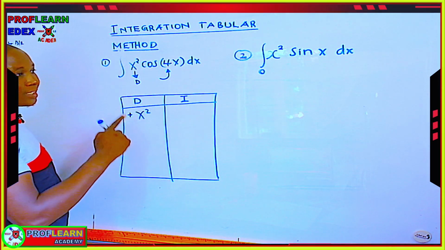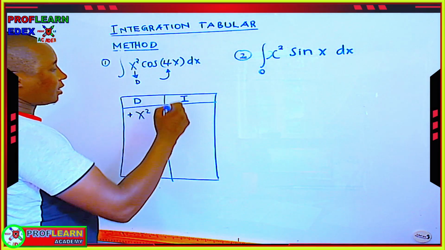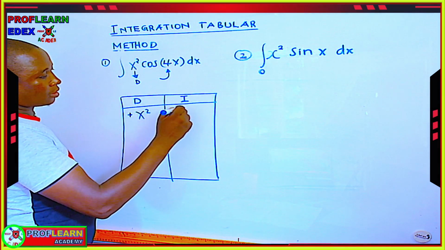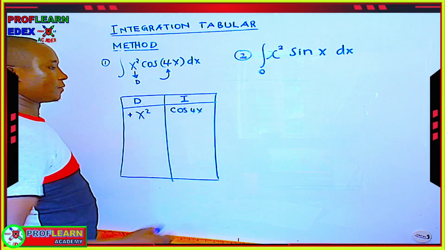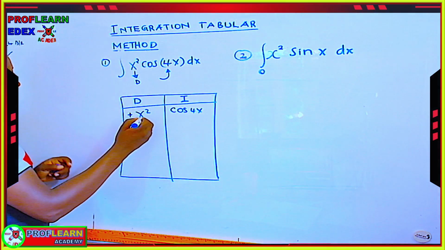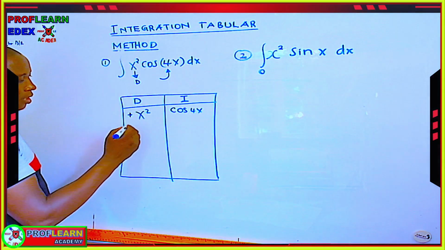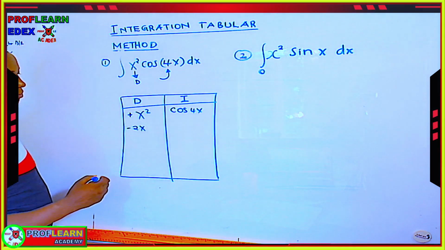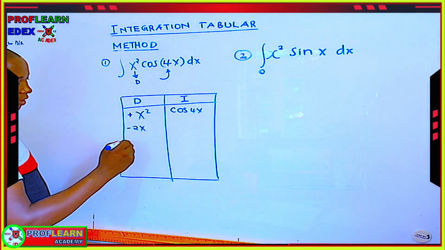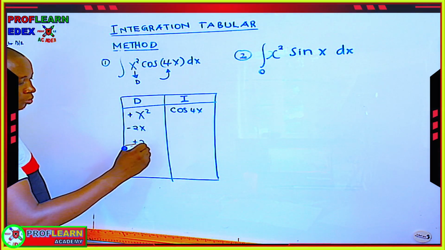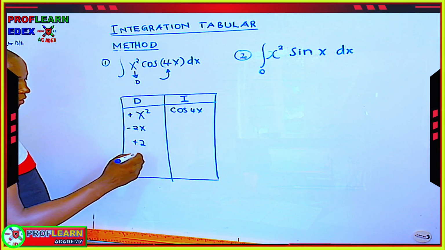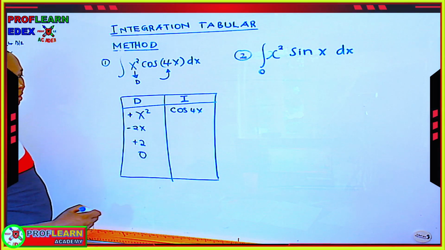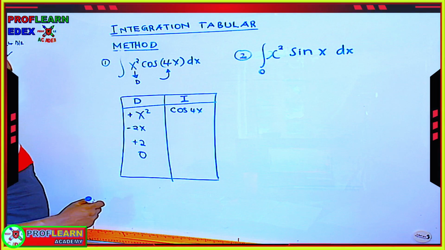We shall also be alternating the signs, and here we shall begin with cos 4x. Now, if you find the derivative of this, we are going to say this will be minus 2x. Finding the derivative of this, we shall say plus 2. Finding the derivative of plus 2, you are going to get 0. So you shall stop there.